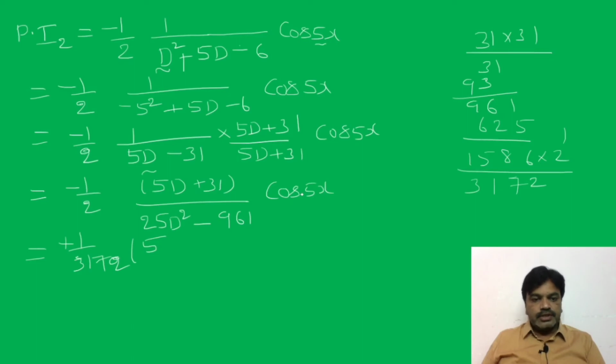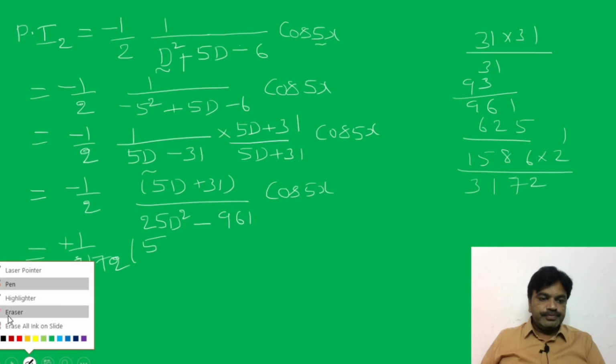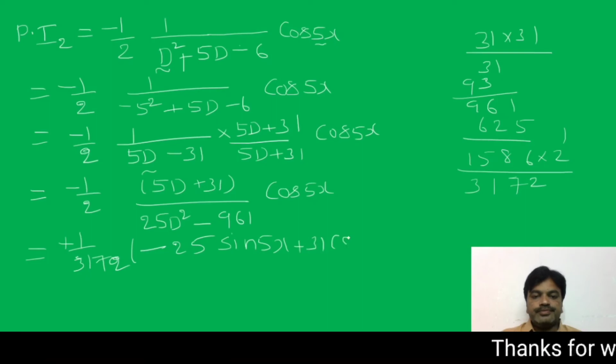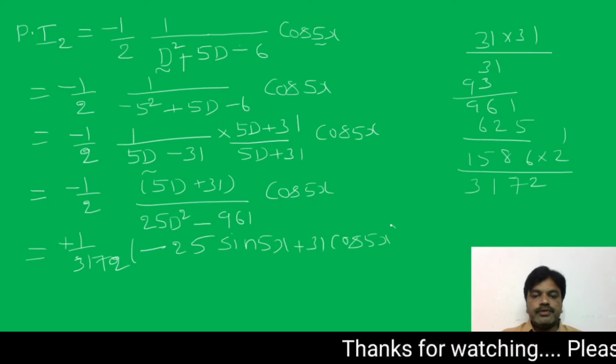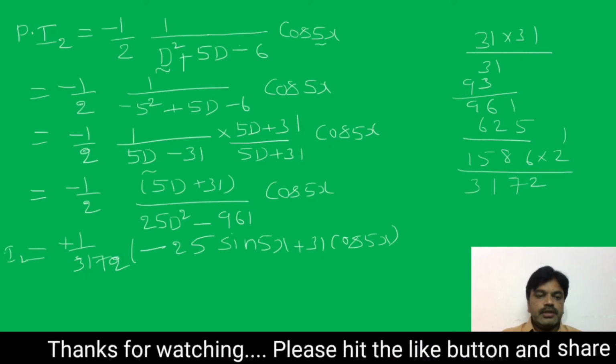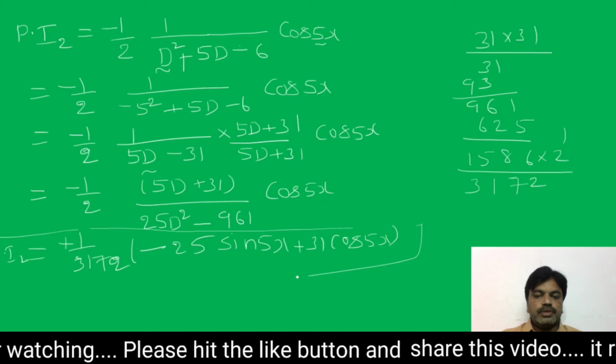So we get minus 25 sin 5x plus 31 cos 5x. So this is particular integral 2.